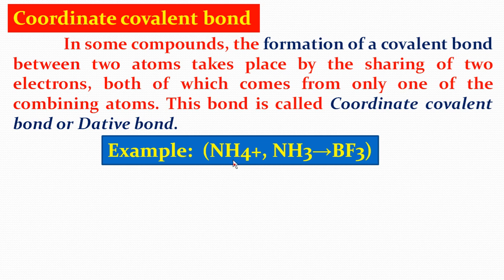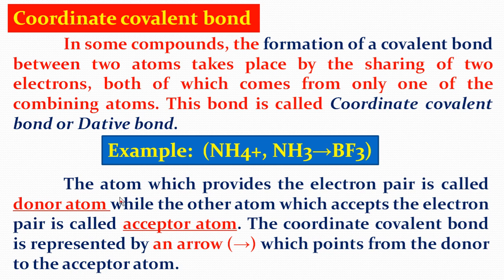For example, the ammonium ion NH4+, the ammonia NH3, and between ammonia and boron trifluoride a coordinate covalent bond is formed, and the coordinate covalent bond is represented by an arrow. The atom which provides the electron pair, which means it contains two electrons, is called the donor atom, while the other atom which accepts the electron pair is called the acceptor atom.